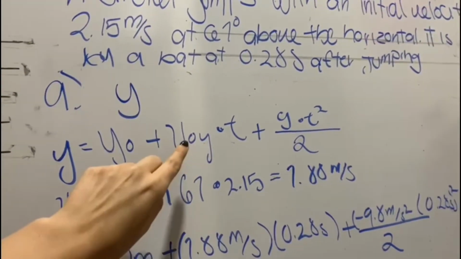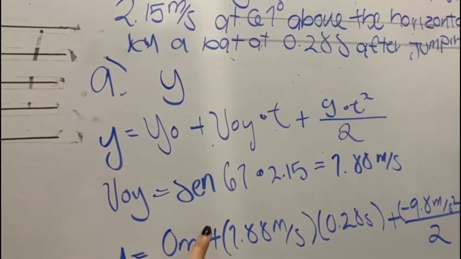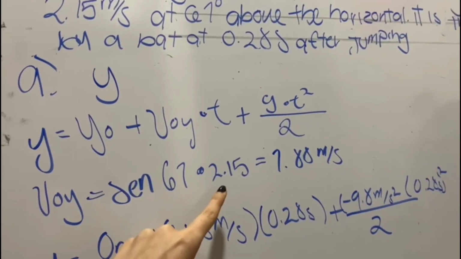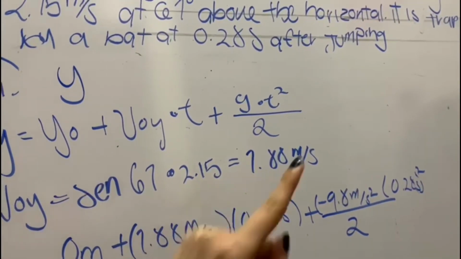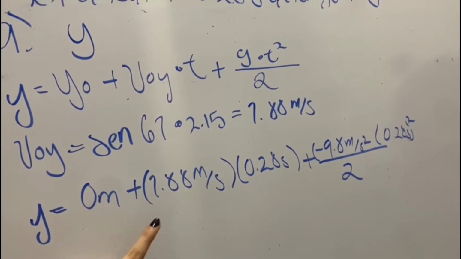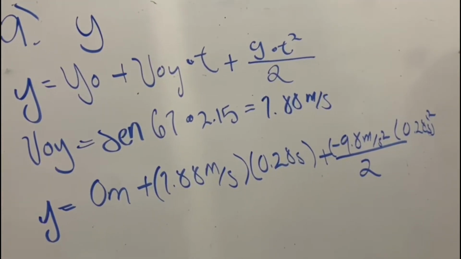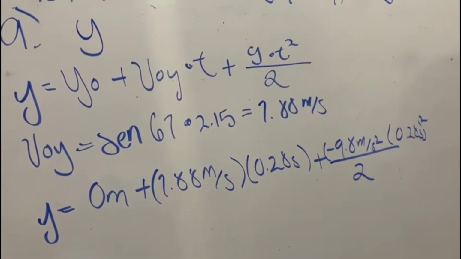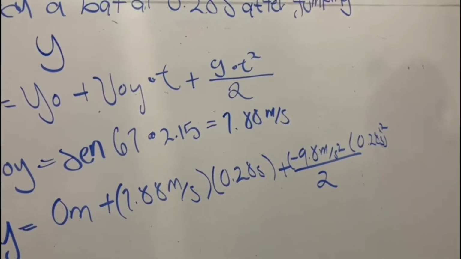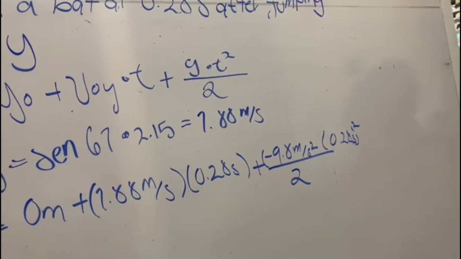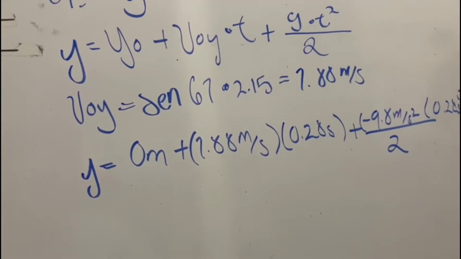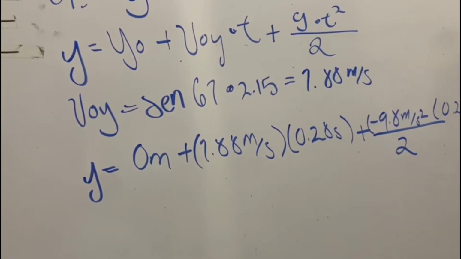We don't have the initial velocity of y, so we get it by multiplying sine 61 degrees by 2.15, which gives 1.88 meters per second. Now we substitute: 0 meters plus 1.88 meters per second multiplied by 0.28 seconds plus minus 9.8 meters per second squared multiplied by 0.28 seconds squared divided by 2 gives you 0.142 meters.